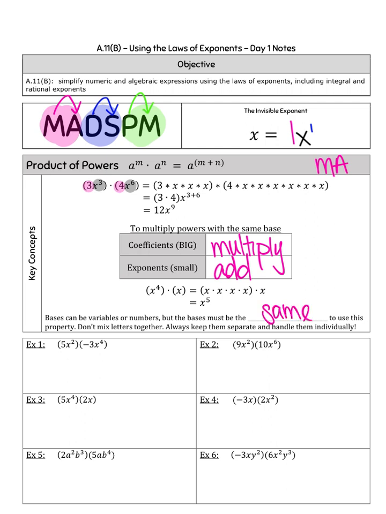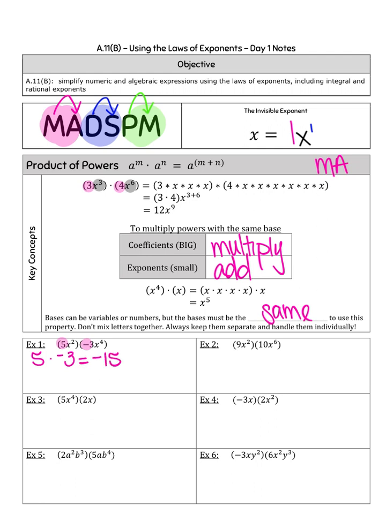Let's look at example number 1. We have 5x to the second power times negative 3x to the fourth power. So the first thing I'm going to do is I'm going to take my regular numbers or my coefficients, and I'm going to say 5 times negative 3, and I'm going to get the answer of negative 15.